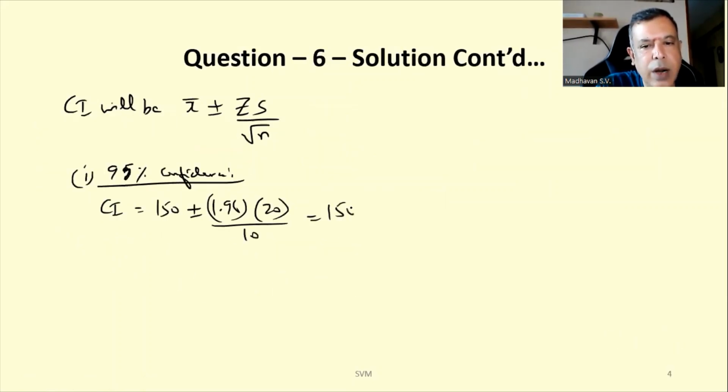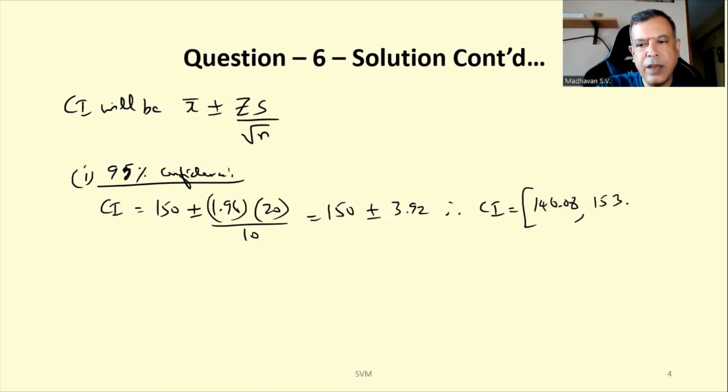So we get 150 plus or minus 1.96 into 2, which gives 3.92. Therefore, for the confidence interval, subtracting, 150 minus 3.92 gives the lower limit 146.08, and the upper limit is 153.92. This is for 95%.